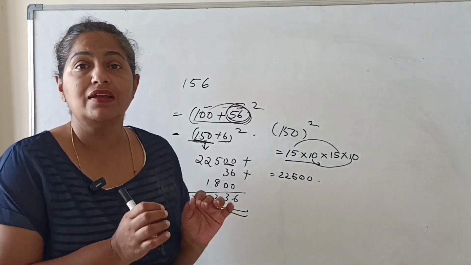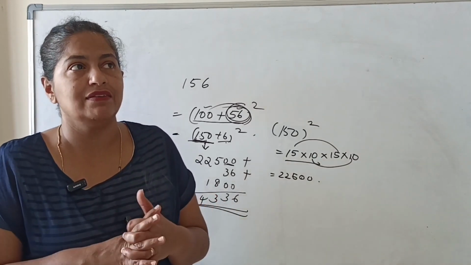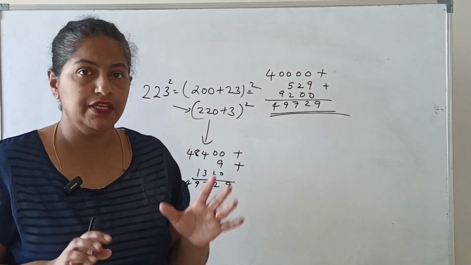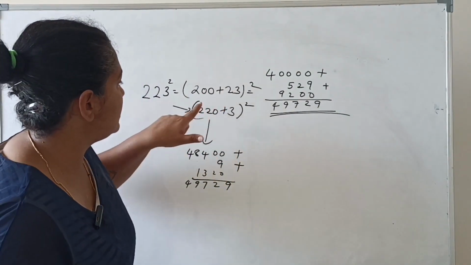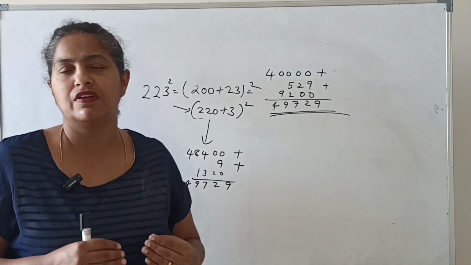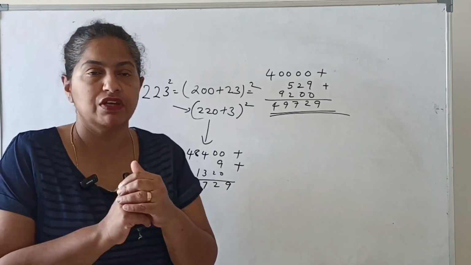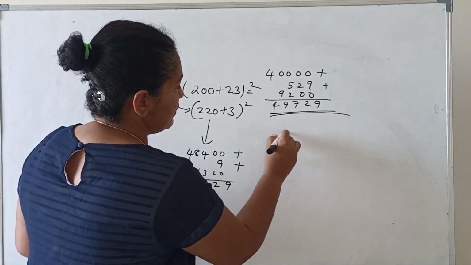Okay, now let us take another number. For example, let us take 223. You can either split it as 200 plus 23 or 220 plus 3. See, both ways are faster. Now I am already telling you that you should know the squares of numbers till at least 25.